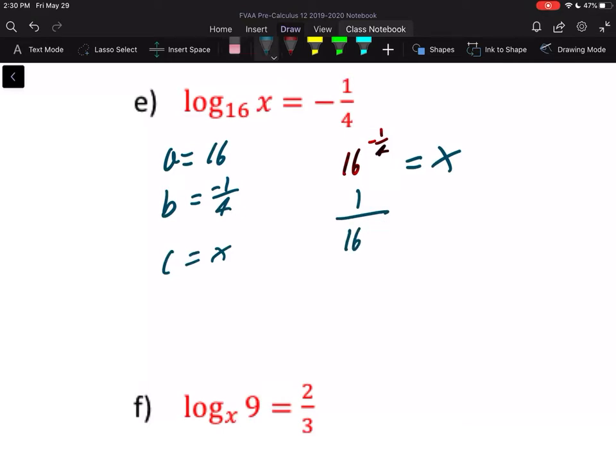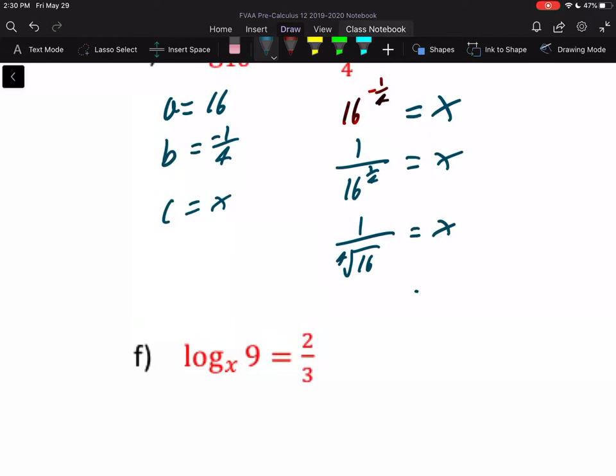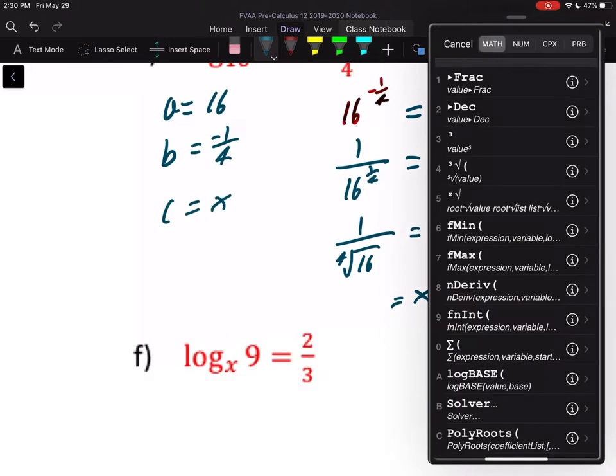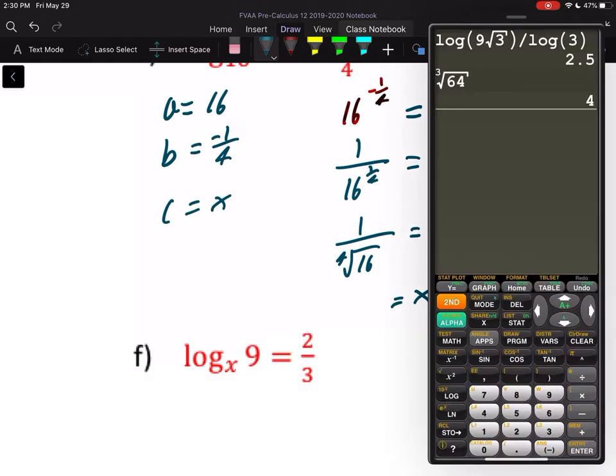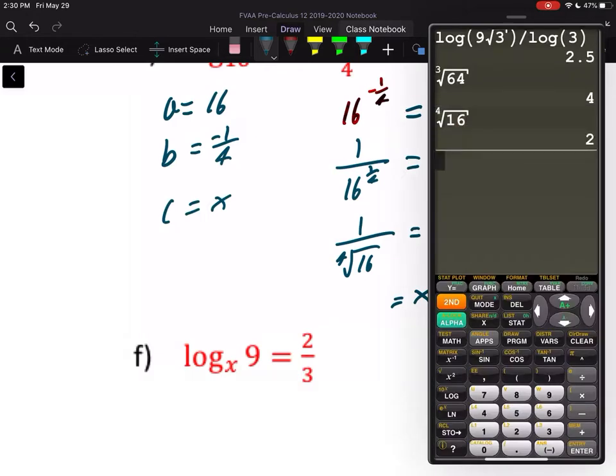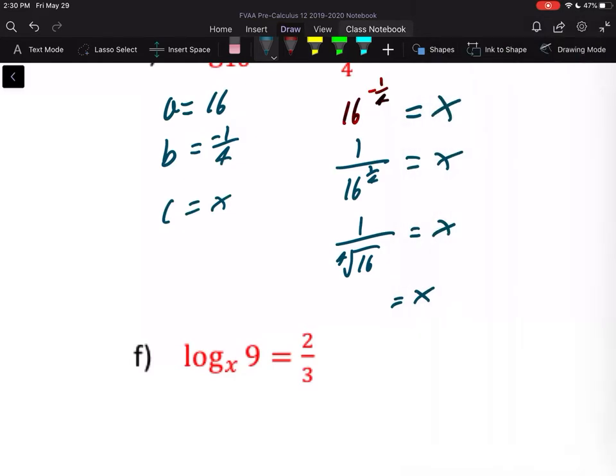That's the point of bringing it to the denominator, is equal to x, and then 1 over the 4th root of 16 is equal to x. The 4th root of 16 is equal to 2. So I get that denominator is equal to 2. So I get 1 over 2. 1/2 is equal to x.